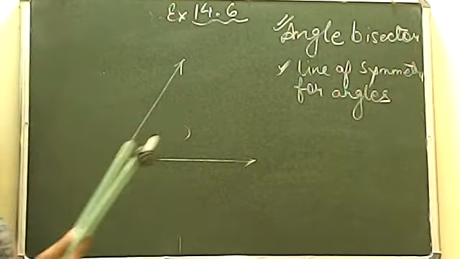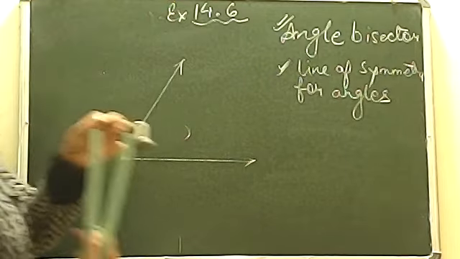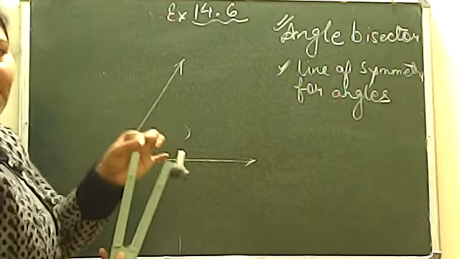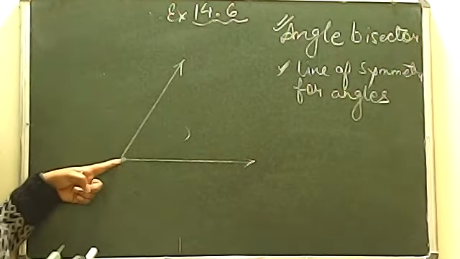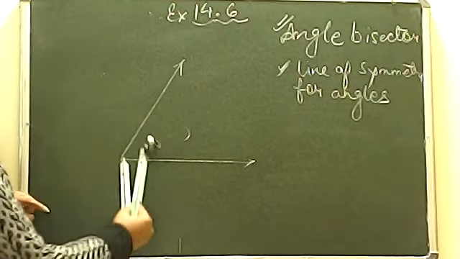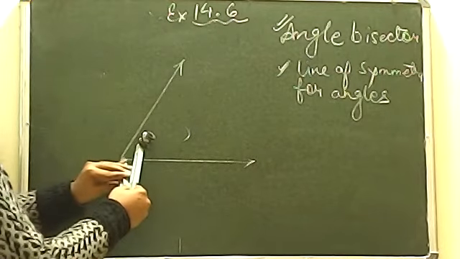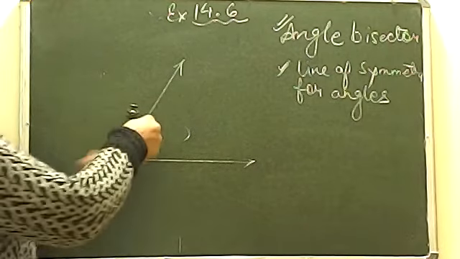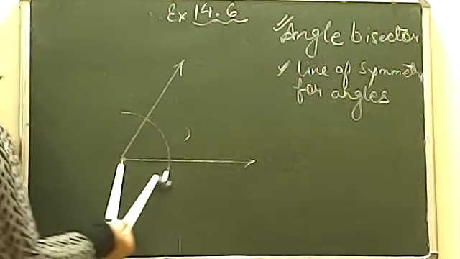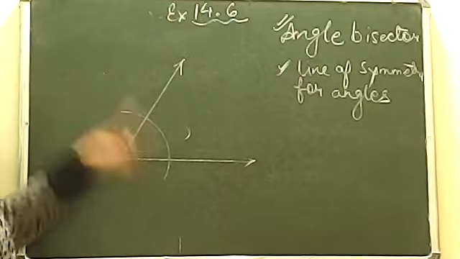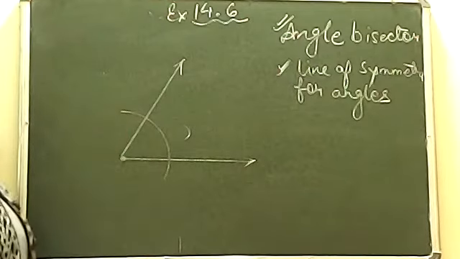So the first thing we will be doing, I will put the needle of my compass on my vertex. First I will keep it on the vertex. After placing it on the vertex, I will draw an arc like this, cutting both the arms of my angle.